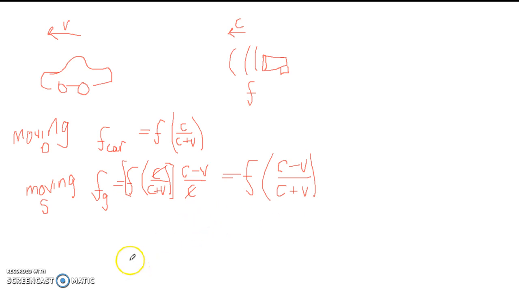So now I'm going to calculate delta F. I'm going to calculate the shift in the frequency perceived by the Doppler gun. And so that's going to be its original frequency, F, minus this frequency here, so minus F times c minus v over c plus v.